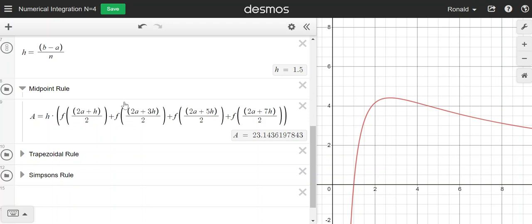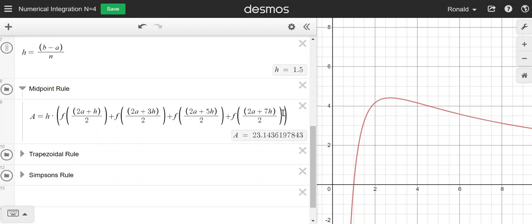So you will notice that we have 1, 2, 3, 4 different function values, four different terms in this rule. That corresponds to n equals 4 for the midpoint rule.